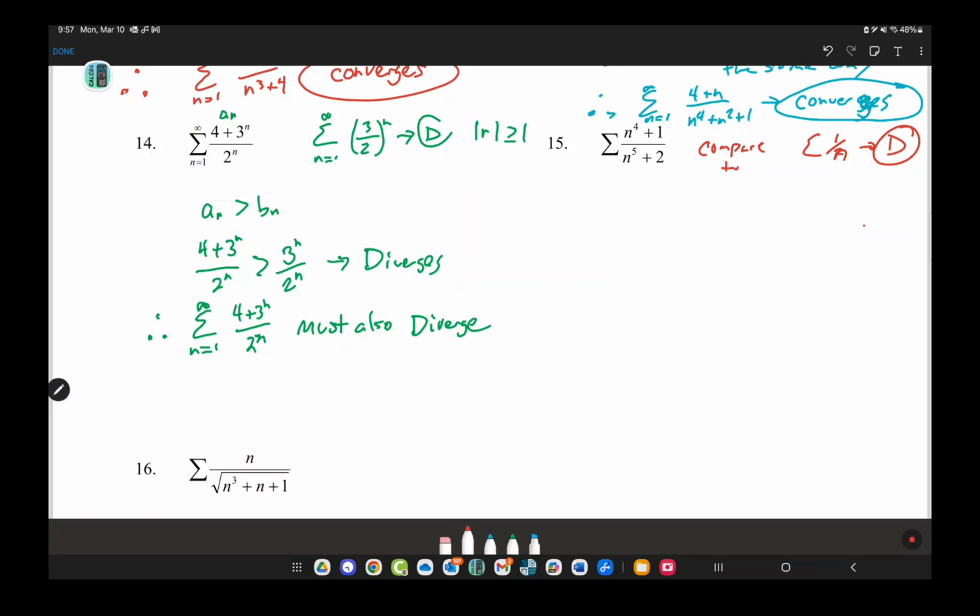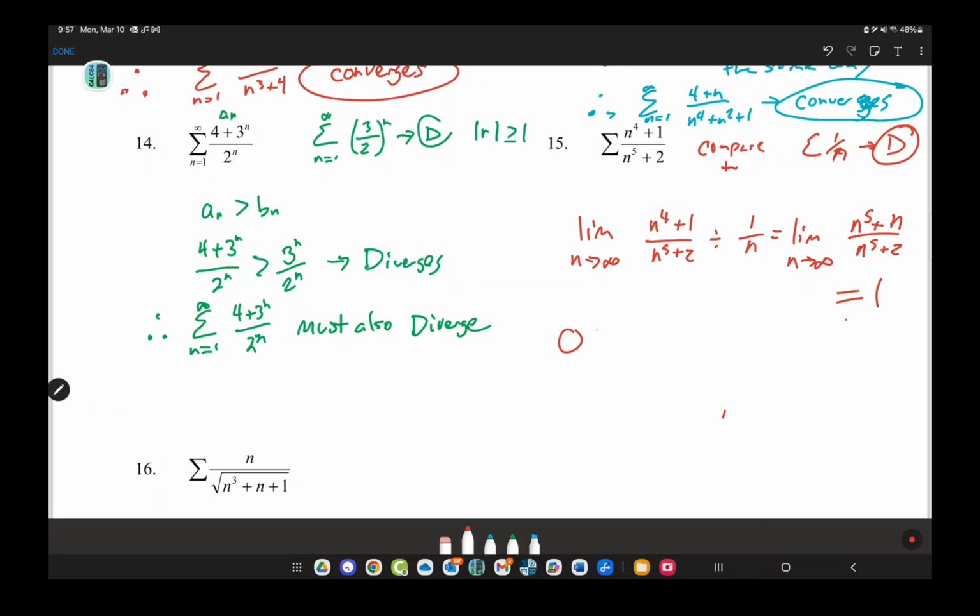All right. So since we know this diverges, we are going to take the limit as n goes to infinity of n to the 4th plus 1 over n to the 5th plus 2 divided by 1 over n, which gives you the limit as n goes to infinity of n to the 5th plus n over n to the 5th plus 2, which gives you 1.